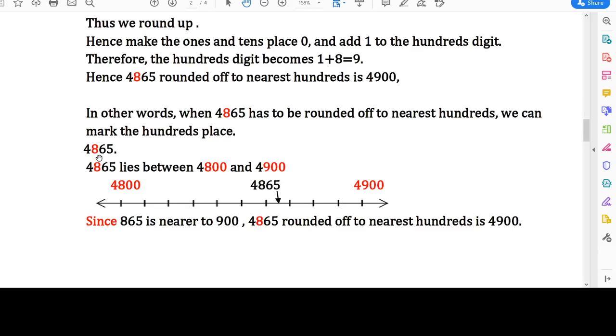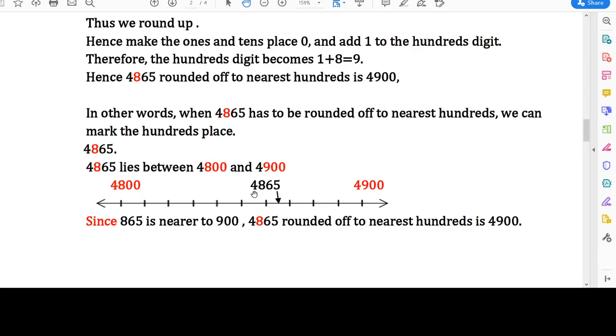865 lies between 800 and 900. So 4865 lies between 4800 and 4900. So I have marked this scale starting from 4800, 4810, 4820, 4830, 4840, 4850, 4860, 4870.